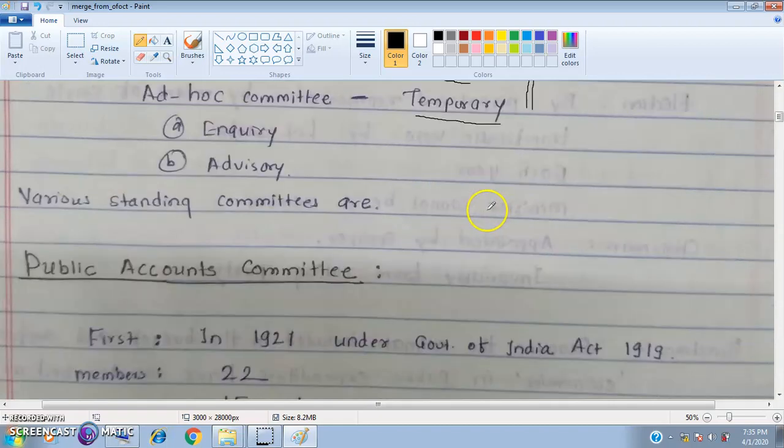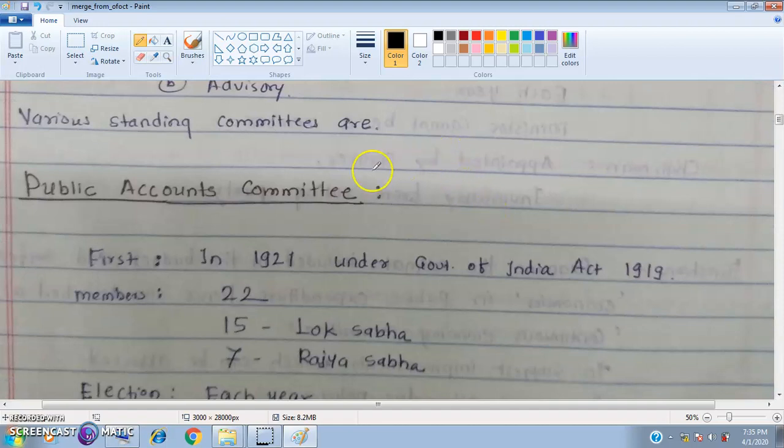We will be studying in detail committees of permanent character, and as the number of committees is large, it would be very helpful if we study these committees in groups. It would be easy to understand and easy to remember also.